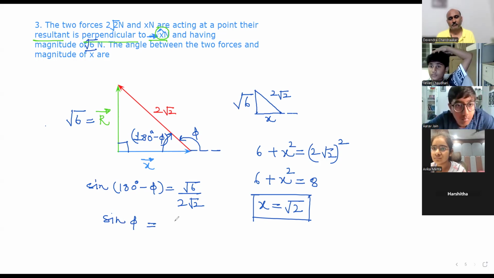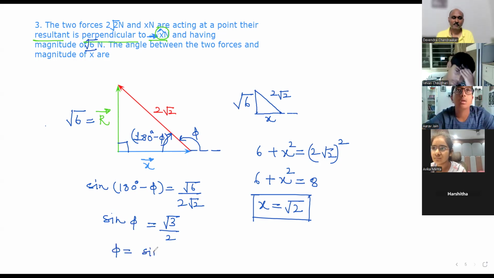What is it now? Root 3 by 2. You can solve these radicals, right? So then it will become sine 60 degrees. That's the answer. See, you only told me. I didn't tell you anything.